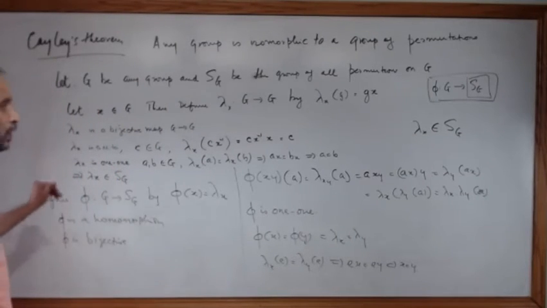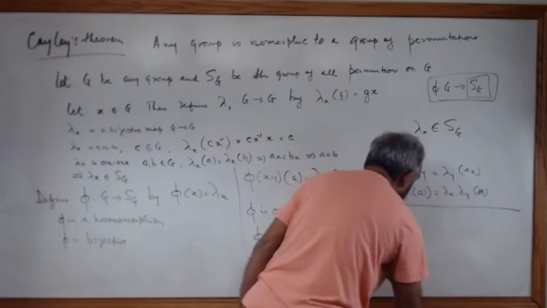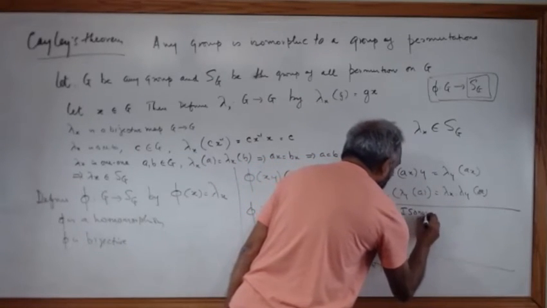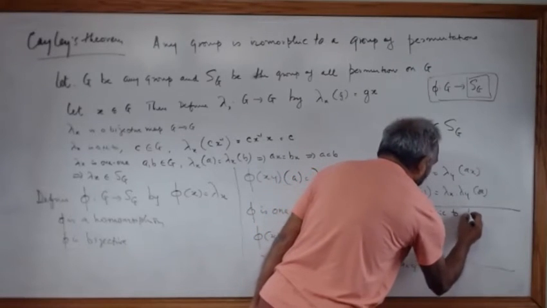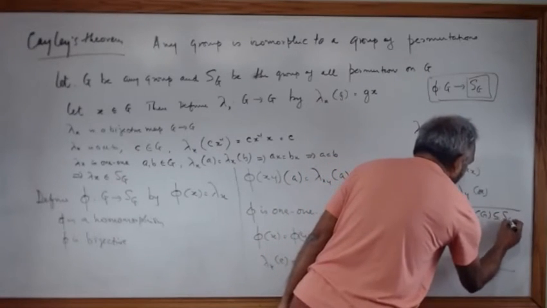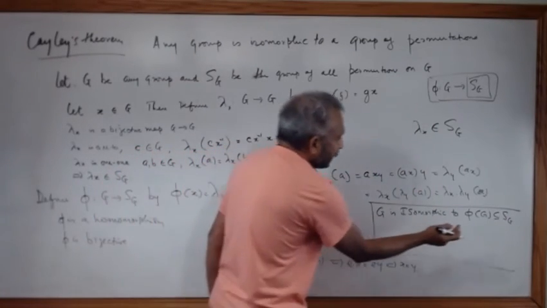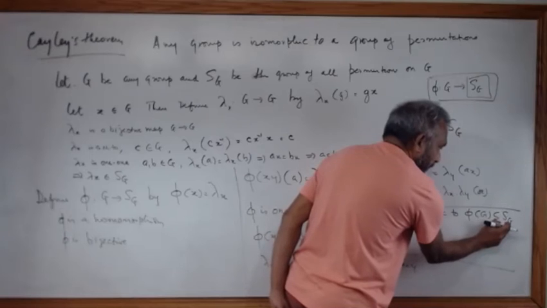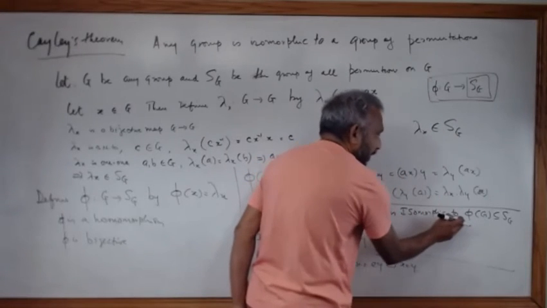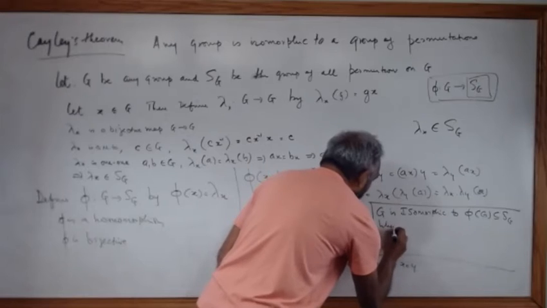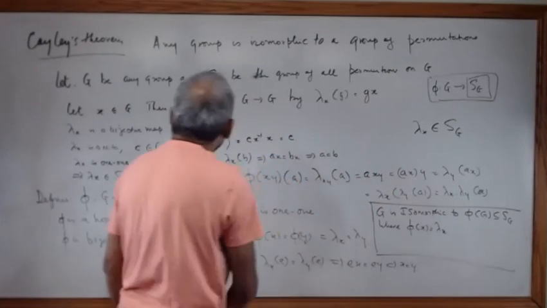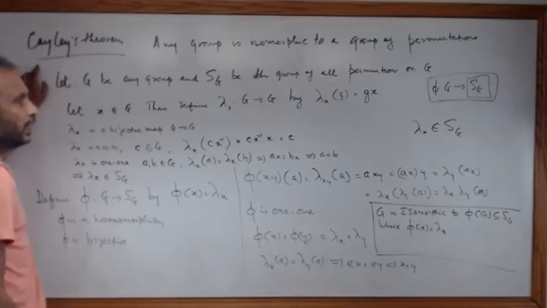So phi is an injective homomorphism. That means G is isomorphic to phi(G), which is a subgroup of S_G. S_G is the group of all permutations on G. We showed that phi is an isomorphism, where phi(x) is equal to lambda_x, defined by this, and that is a proof of Cayley's theorem.